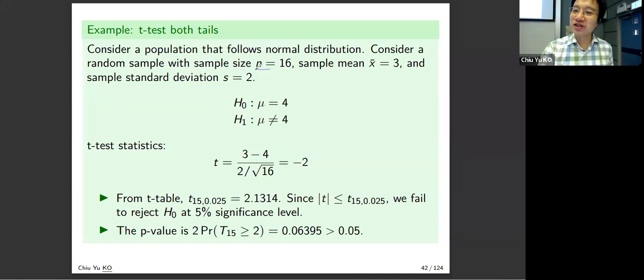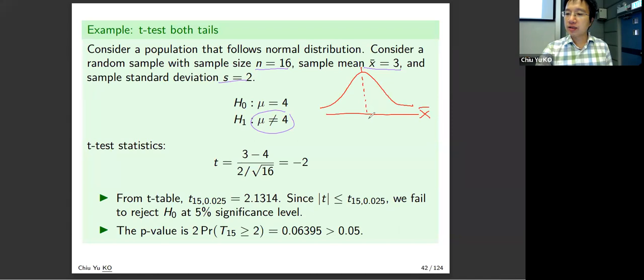So we have the same question: n is 16, x bar is 3, s is 2, and mu is 4. The question again is I have x bar, and according to the central limit theorem, or by normality, this is 4 here. And now the data turn out 3 is here.